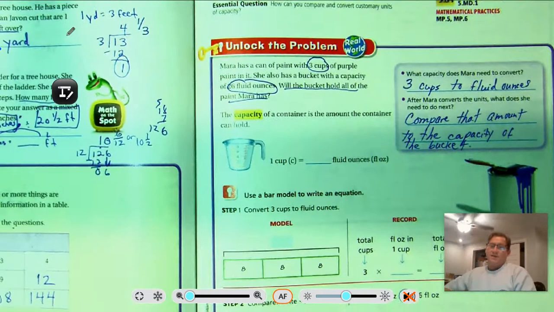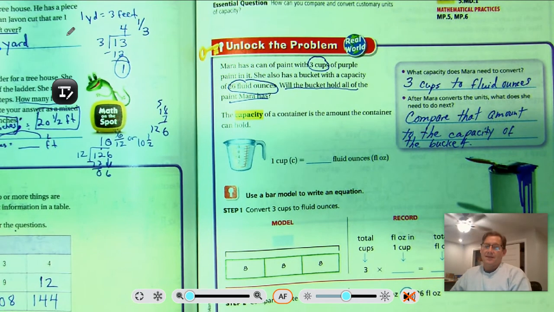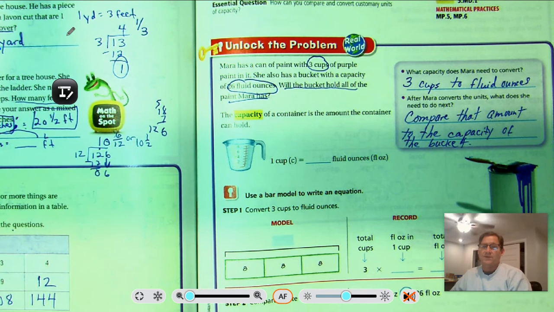Okay, so we need to determine, is the 3 cups, which we're going to convert to fluid ounces, less than the 26 fluid ounces?